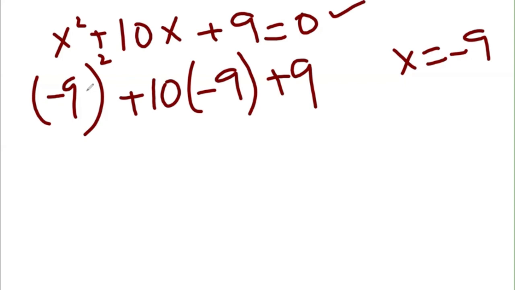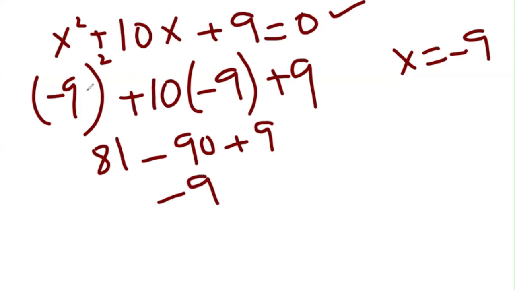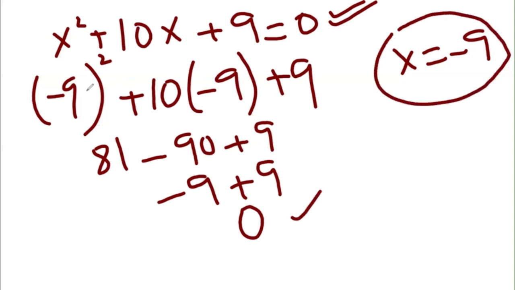It means that your answer is correct. What is the square of -9? It is 81. 10 multiplied by -9 will give you -90. 81 minus 90 will be -9. -9 plus 9 will give you 0. And 0 is already there on the right-hand side, and 0 again you are getting. It means that x equals -9 is also the verified answer.